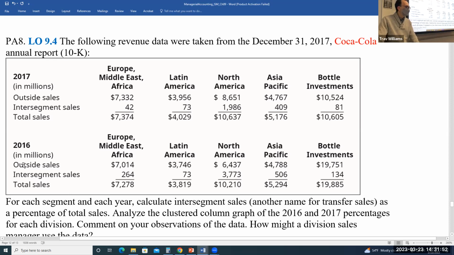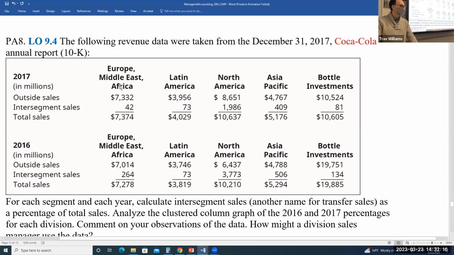And we have 2 different years. For each year, we look at their inter-segment sales, which is how much they're selling to other Coca-Cola segments, and figure out what percentage of that is of their total sales.